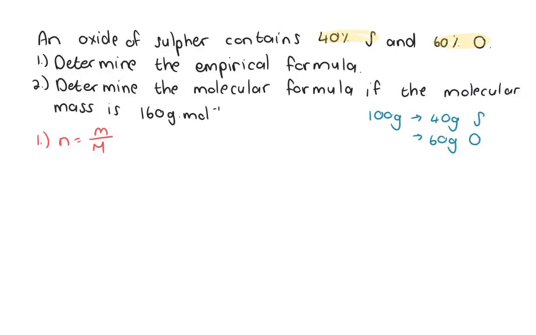So I'm going to use this formula, that's my step 1, to determine the moles of each of my elements. I'm going to start with sulfur. The mass I use will be 40 over the molar mass, which is 32, and then I get the number of moles, which is 1.25, and the same for my oxygen.